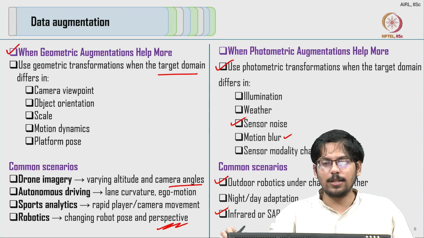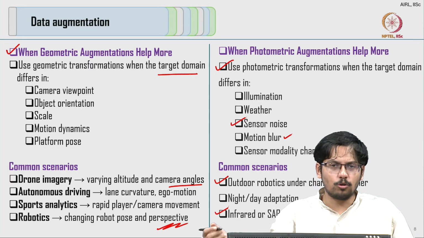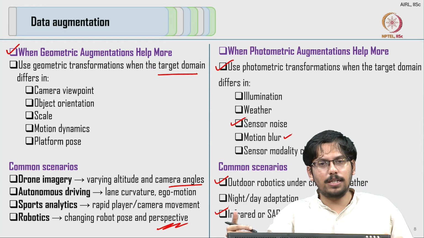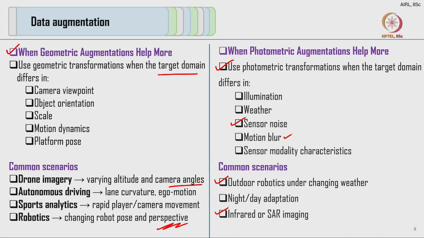For example, if you are training on RGB and going to other modalities, even then photometric augmentation could be used. Now, these augmentations could be used to improve the performance. However, again it depends on the target domain as well. There could be scenarios where the target domain is too hard to replicate using these augmentations, and in those scenarios the augmentations may not be used, right.